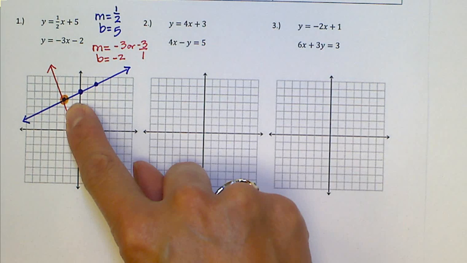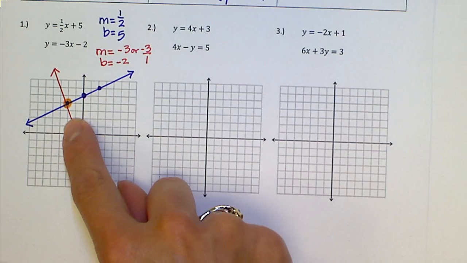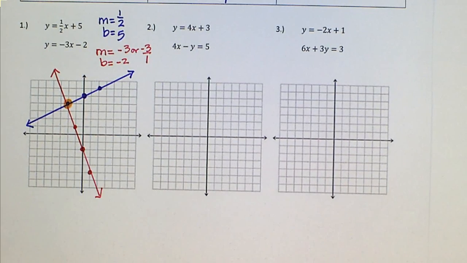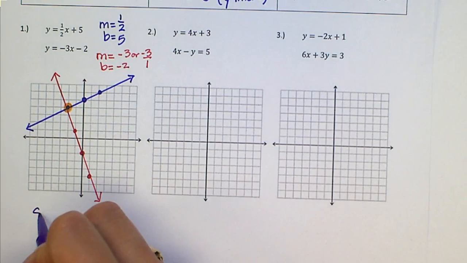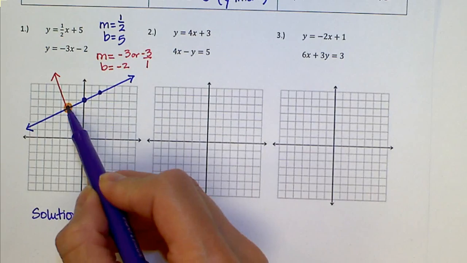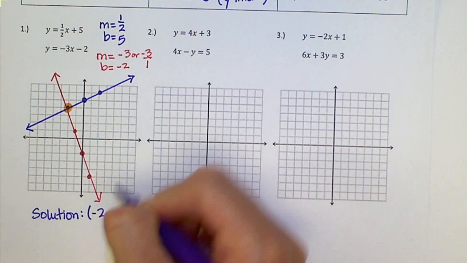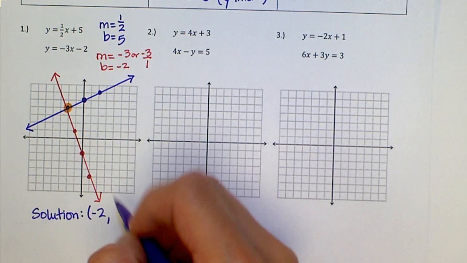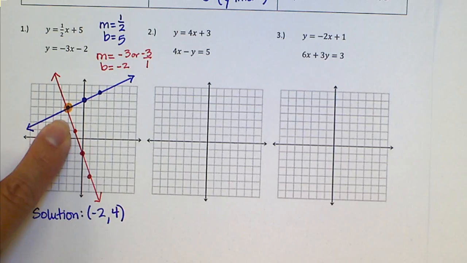So I want you to pause the video and tell me where these two lines cross, or what the solution is. Our solution, where it crosses here, is left 2 and up 1, 2, 3, 4. So these two lines cross at (-2, 4).